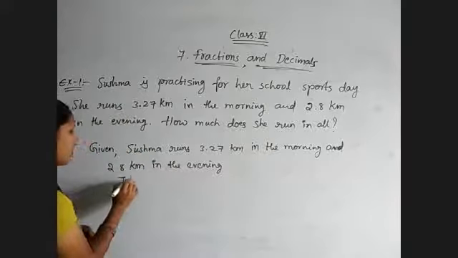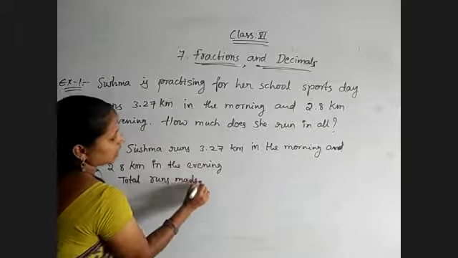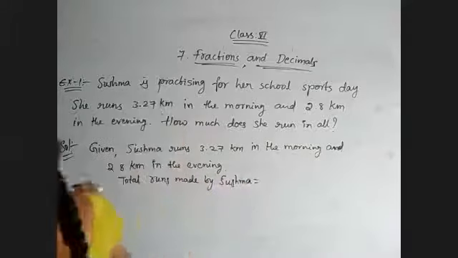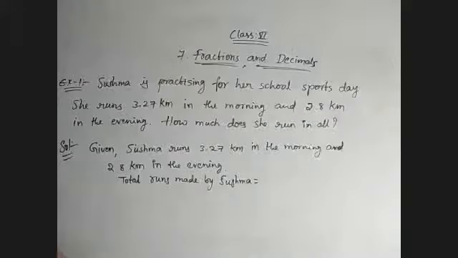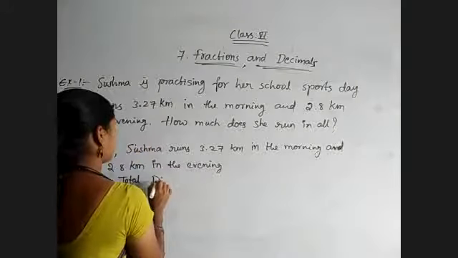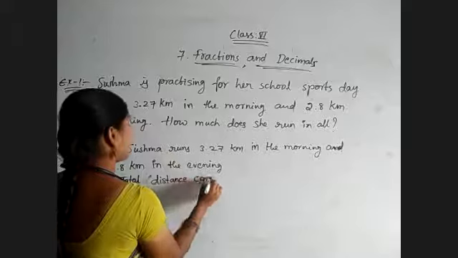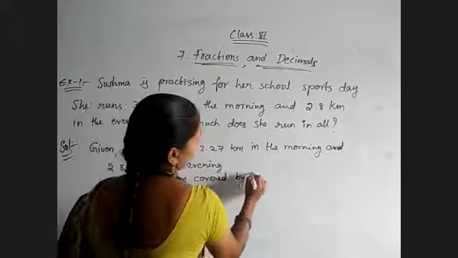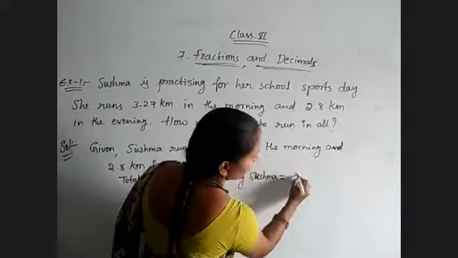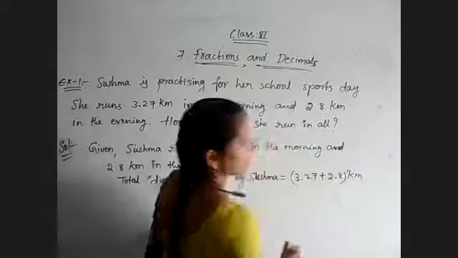So total runs made by her, otherwise total distance covered by Sushma, is equal to 3.27 plus 2.8 kilometers. It is a distance, so we must keep the units also.